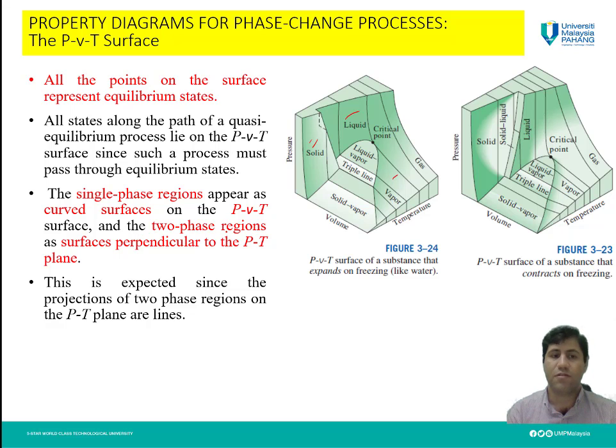And two phase regions appear as surfaces perpendicular to the PT plane. So we have this PT plane. If we watch this in this direction, the surfaces perpendicular to this plane are the two-phase regions.